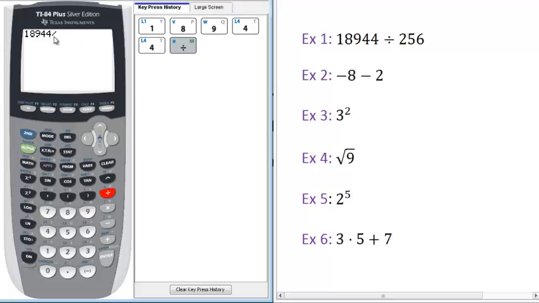Now notice division is written as a fraction rather than the division symbol, but it means the exact same thing. And then the number 256. Notice there is no equal sign on the calculator. What we will use instead is this enter button on the bottom right, and it is the exact same thing as the equal sign. Notice it will input the problem here on the left, and it will output the answer here on the right. So the answer to our first example is 74.